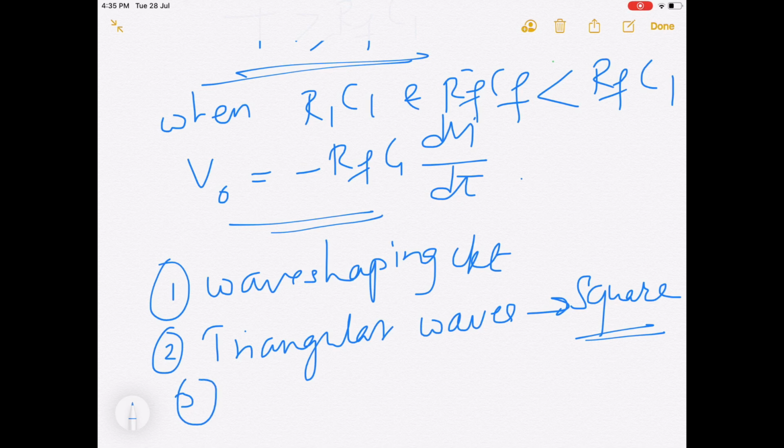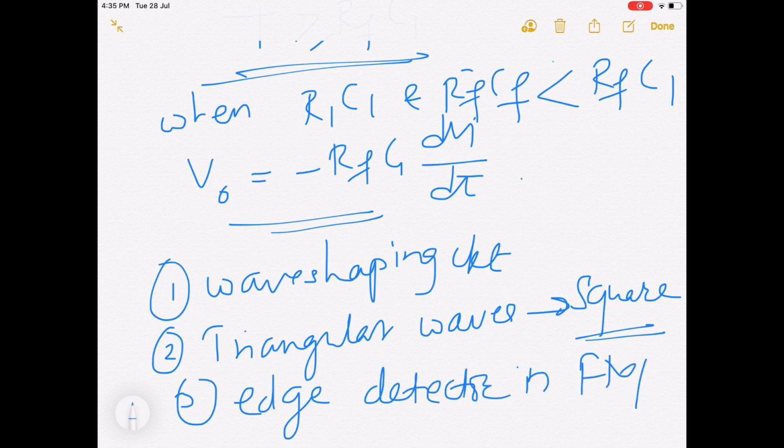Then, since a differentiator tends to seek rapid changes in the input signal, it is quite useful as an edge detector in FM demodulators.